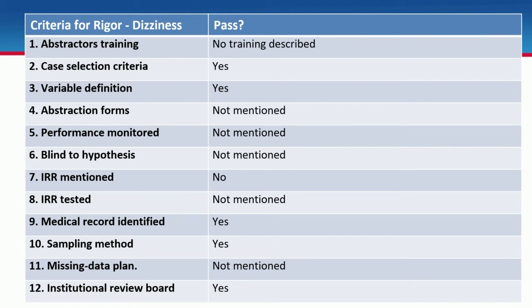So there's some good language here I think would be good to emphasize, but the abstractors were not really trained. There was a description that said they underwent training, and it was basically like the training that we all undergo every year for HIPAA is essentially what their training was. So they're emergency medicine specialists.